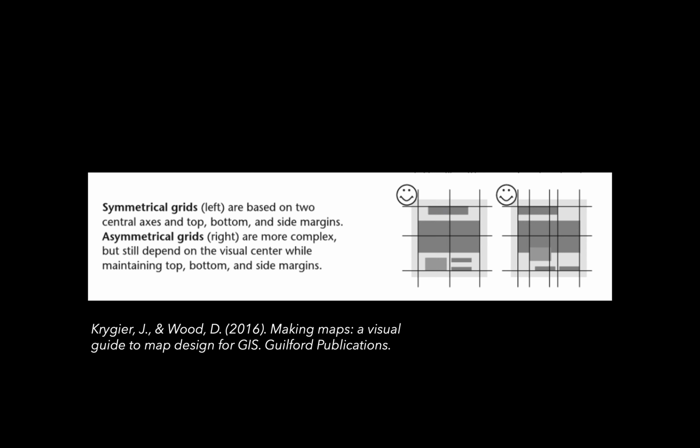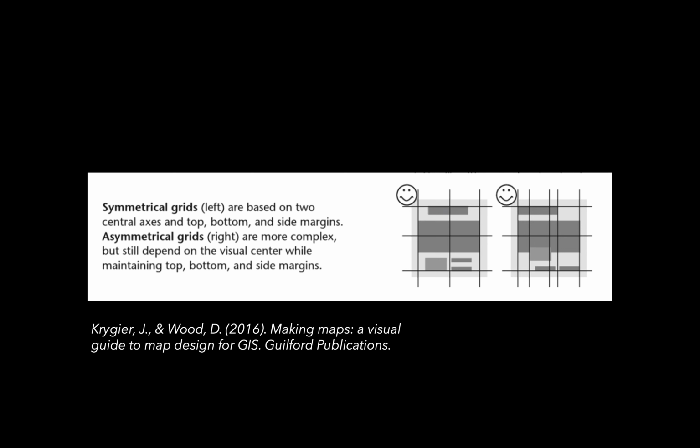So there's some different ways that we can do that. We can use grids, both symmetrical and asymmetrical grids, right, where everything in a symmetrical grid is proportionally aligned throughout the map. And then in an asymmetrical grid, we still have those vertical and horizontal lines that everything's aligned to, but then there's a little bit more imbalance within the page itself.